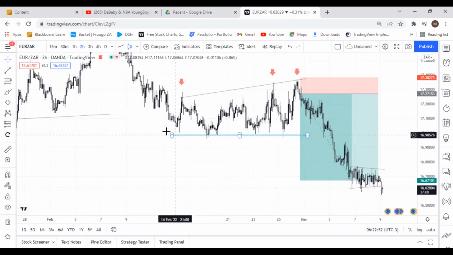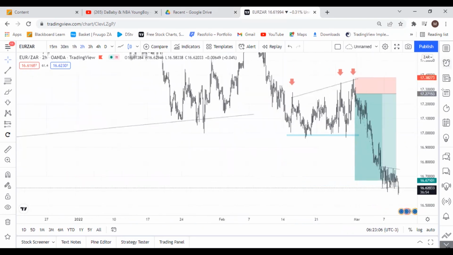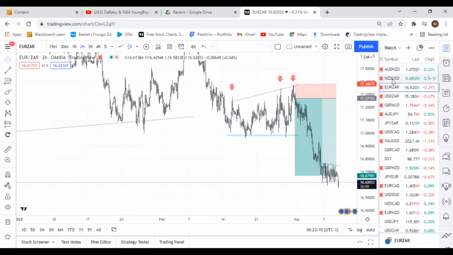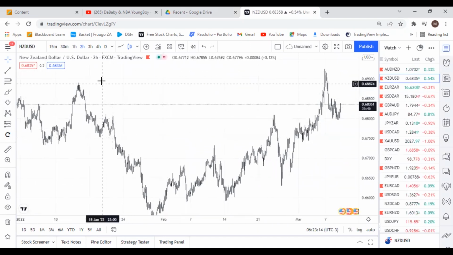So you can't just take a setup based off your trends. You also need to see how the candlesticks are reacting to those trend lines. So this was your result.